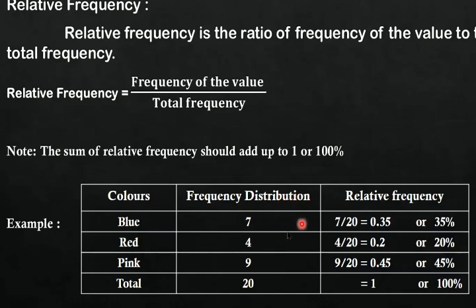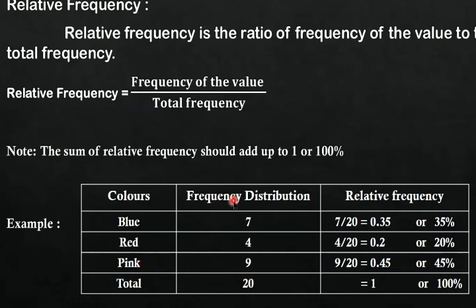Here the frequency distribution shows that in that particular set of colors, 7 blue colors are there, 4 red colors are there, and the pink color repeats 9 times. 7 times blue is repeating, 4 times red is repeating, 9 times pink is repeating.